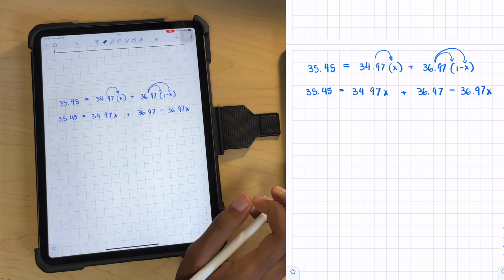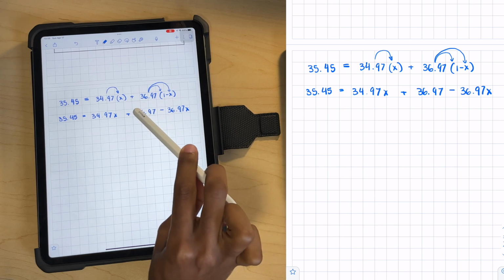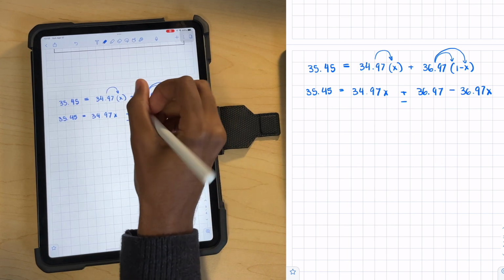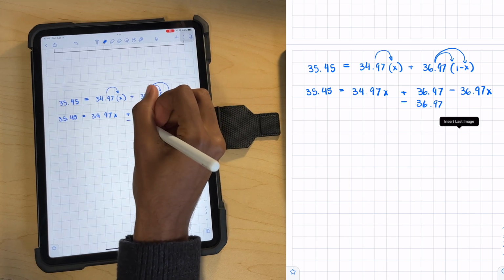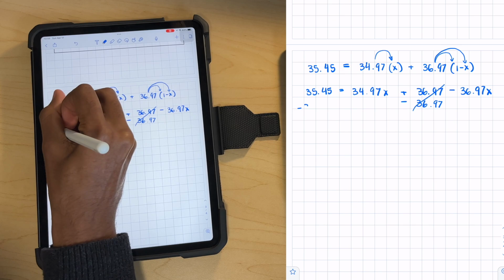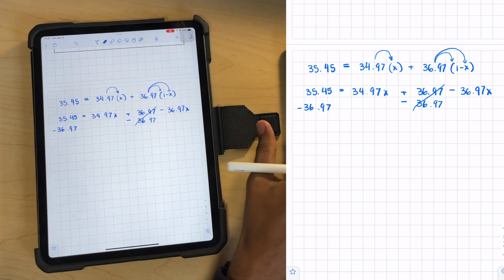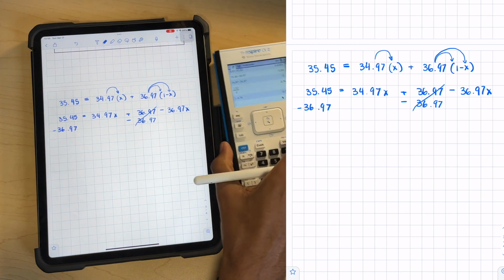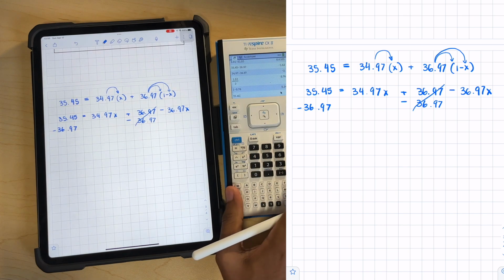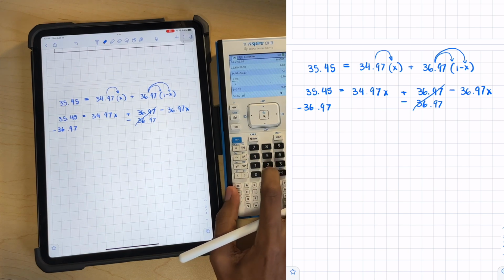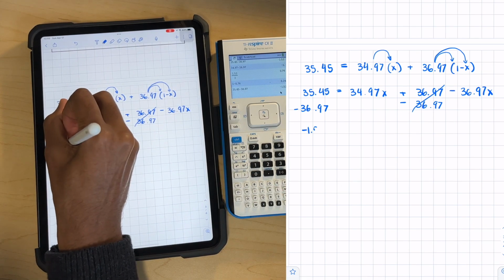We're almost done. We'll move this over to the other side first, it seems easier. Let's bring out our calculator. 35.45 minus 36.97 equals negative 1.52.